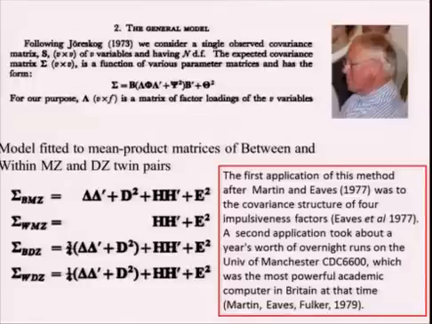In the paper, there's an application to cognition data, and a second application was published shortly afterwards on impulsiveness. The data analysis took about a year's worth of computer time at the then strongest computer at the University of Manchester.